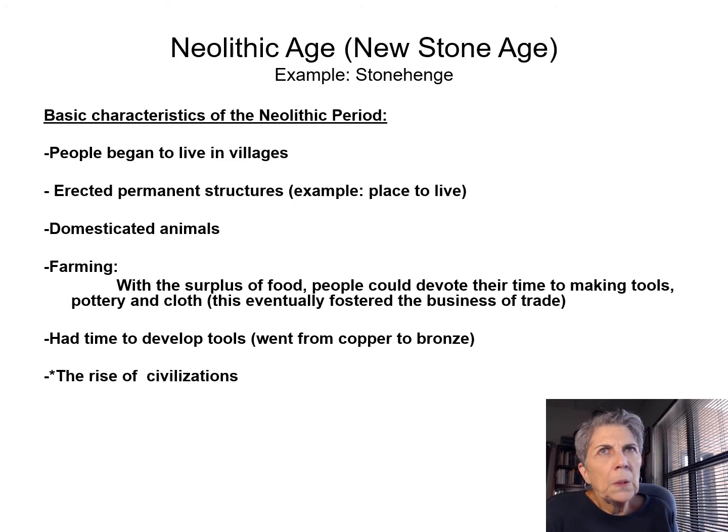I'll mention later that location or geography is also important. When you have the rise of a civilization like the Mesopotamian or the Egyptian civilization, it's because they're on rivers. That geographic region is important to the development of that civilization because of the natural resources that are there.